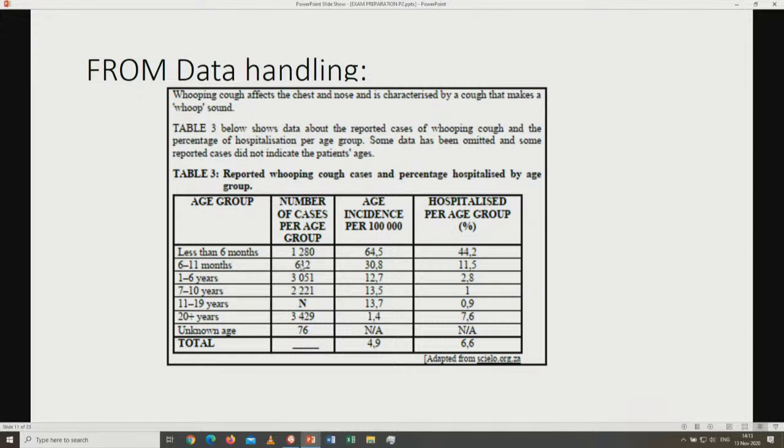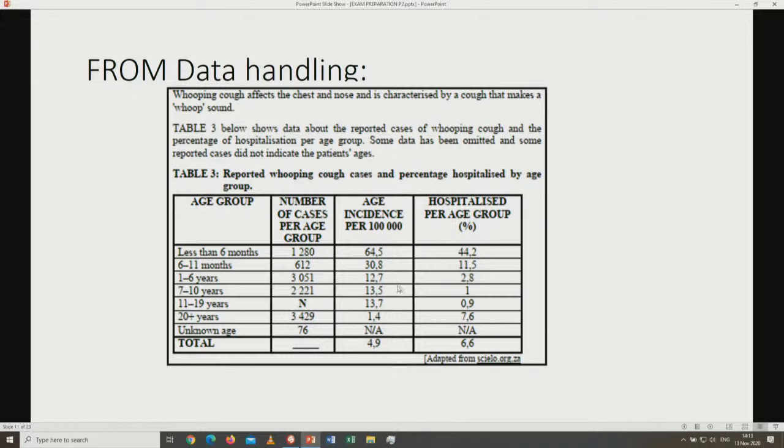And so you can look, the cases of babies of 6 to 11 months, just a little bit bigger baby, they are not a year yet, 612 cases, age incidence per age group 30.8, 11.5%, significantly fewer babies have to be hospitalized.